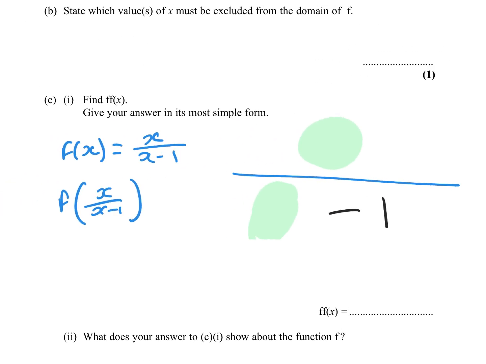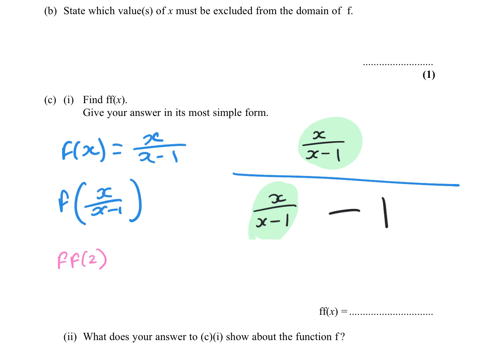So now, here we're going to have x over x minus 1 divided by x minus 1. Now you need to simplify, rearrange, etc., etc. Okay? So, some people still a little bit confused how I got to this stage. Tell me, what would you do if you had f of 2?